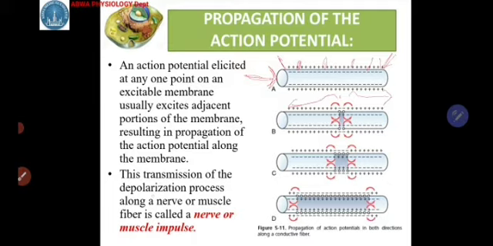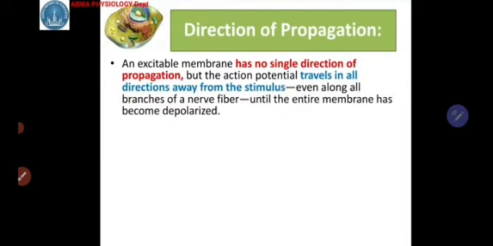The transmission of the depolarization process along a nerve or muscle fiber is called a nerve or muscle impulse. As the action potential moves in its respective directions, this movement is called an impulse. Direction of propagation: it has no single specific direction of propagation, but the action potential travels in all directions away from the stimulus.